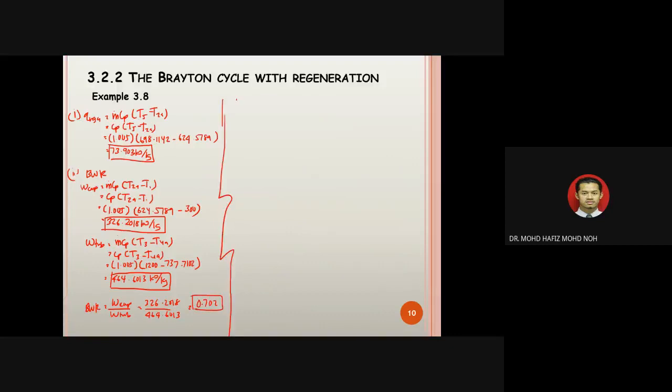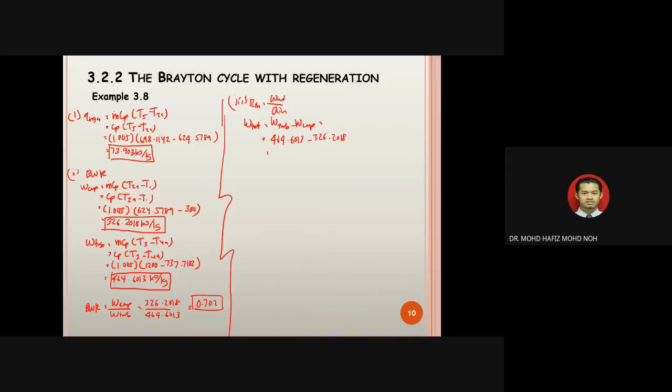Now you go for the last question, question number 3. The last question requires you to calculate the thermal efficiency, so W net over Q in. The W net is simply W turbine minus W compressor, which in this case is 464.6013 minus 326.2018.